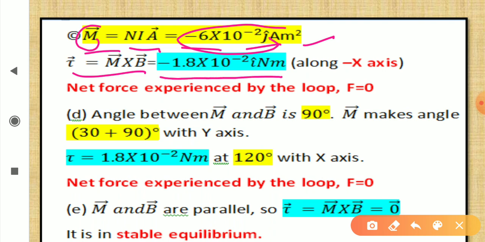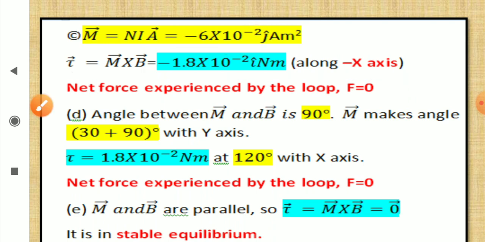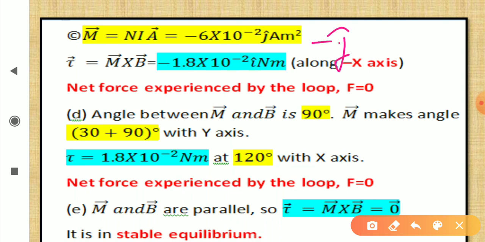The product will still be the same because the angle between m and B is 90 degrees, and now the direction is, what we need here, minus J cap. So what we are getting is the product of minus J cap cross B, which is along k cap, and J cross k is I cap.